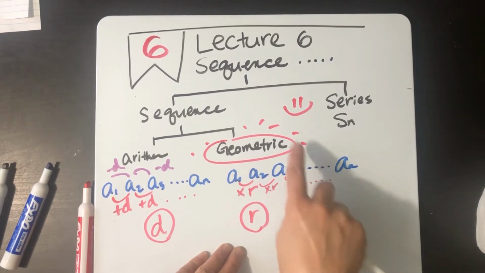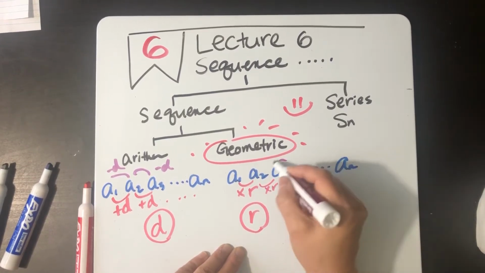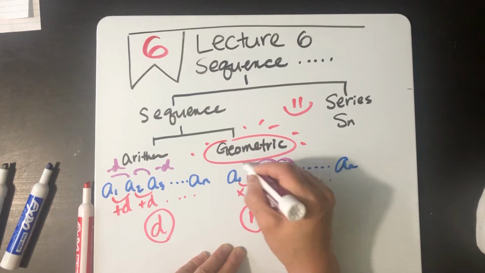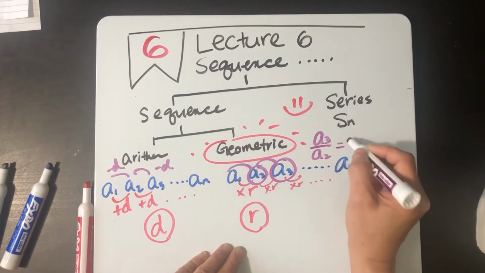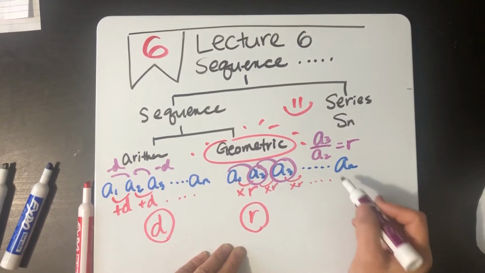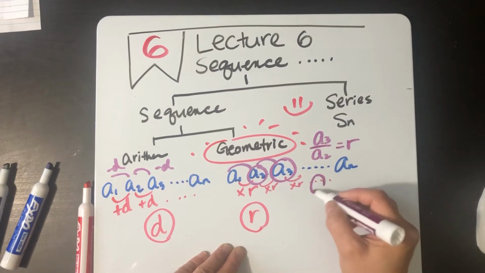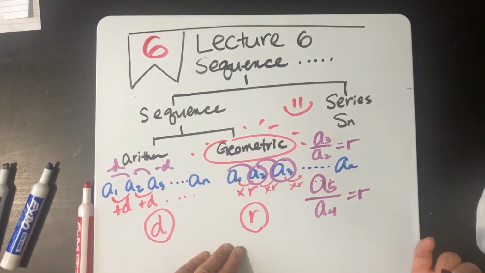We don't subtract, but we divide. So A3 over A2 should give you the ratio, the constant number that you're multiplying. Or A5 over A4 should give you R as well.